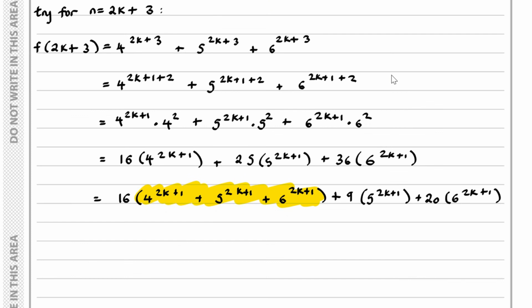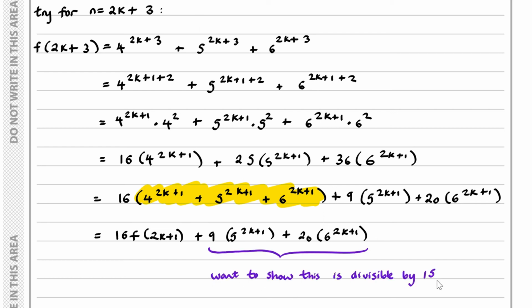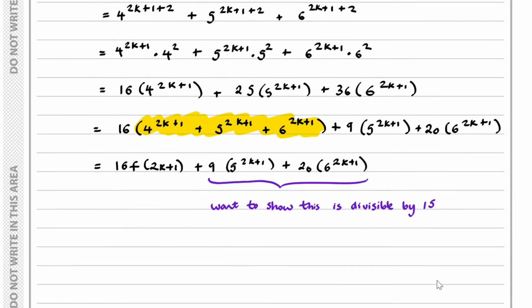So we have here 16 lots of f of 2k plus 1, and then we've got this 9 lots of 5 to the power of 2k plus 1 plus 20 lots of 6 to the power of 2k plus 1. And we want to show that this bit over here is divisible by 15, so let's just write that down. So we want to show that this is divisible by 15.